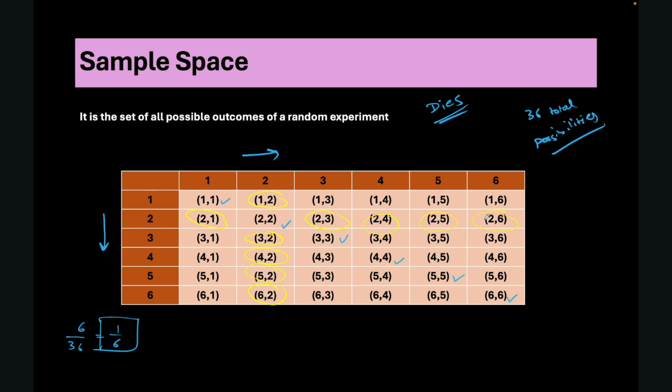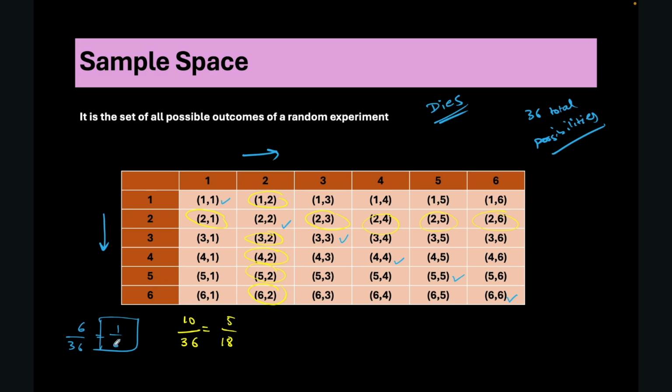All the ones in yellow. So in that situation, well, you have 1 2 3 4 5, 1 2 3 4 5, a total of 10 possibilities out of 36 possibilities. If you want to simplify, you can simplify it down to 5 by 18. That's the likelihood.